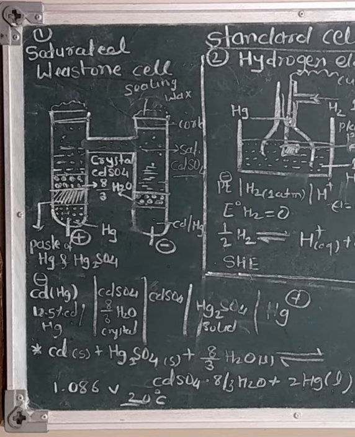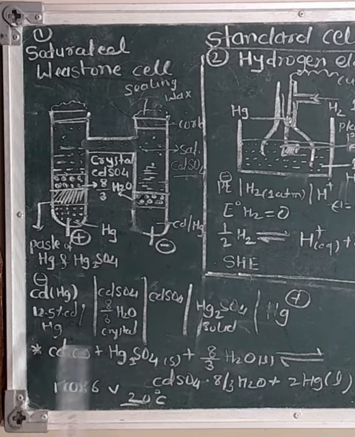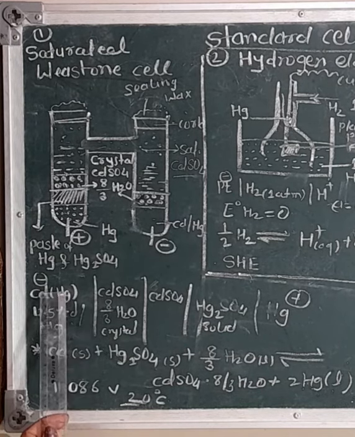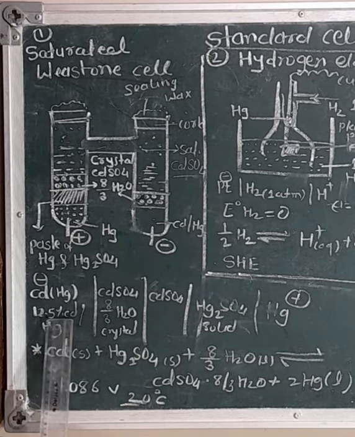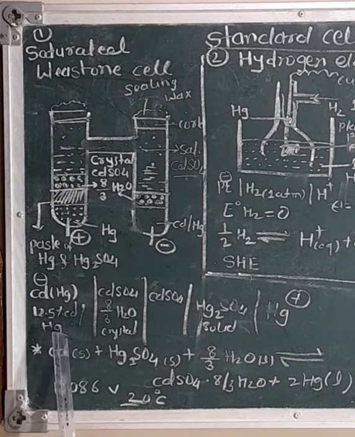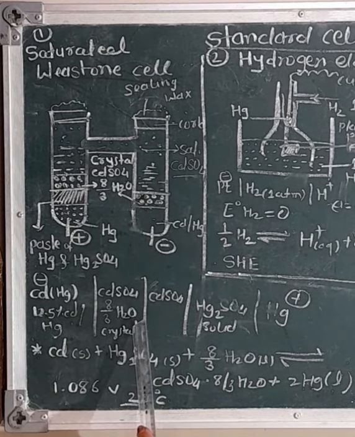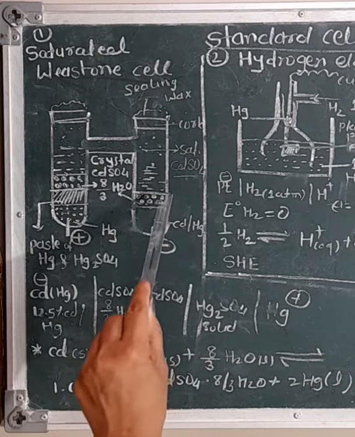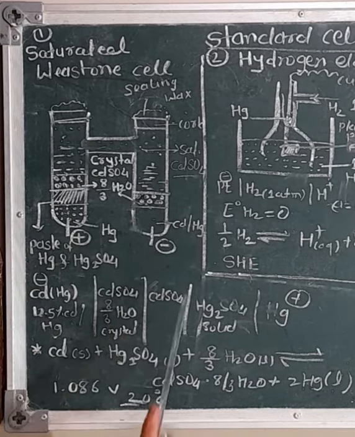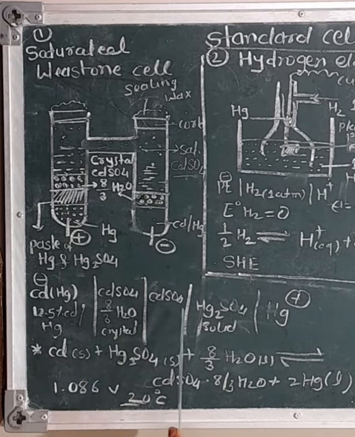So friends, the usual form of the Weston saturated standard cell is illustrated as follows. The cell is represented as follows: cadmium mercury, of course it is the anode, then 12.5% cadmium and mercury here, and then this cadmium mercury electrode is in contact with cadmium sulfate 8/3 water crystal like this one, and this crystal is in contact with the cadmium sulfate solution like this.